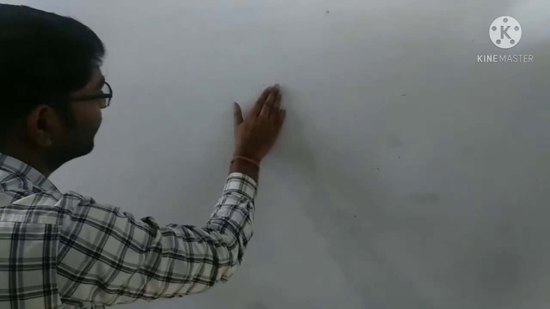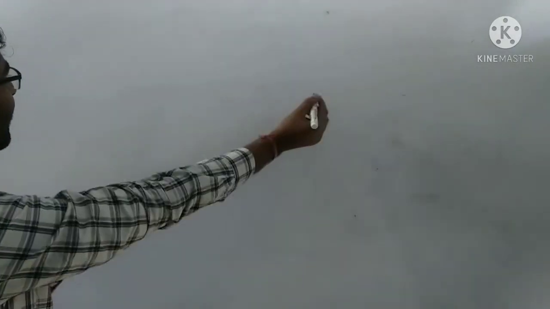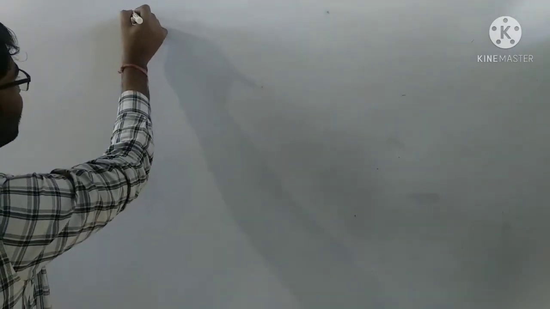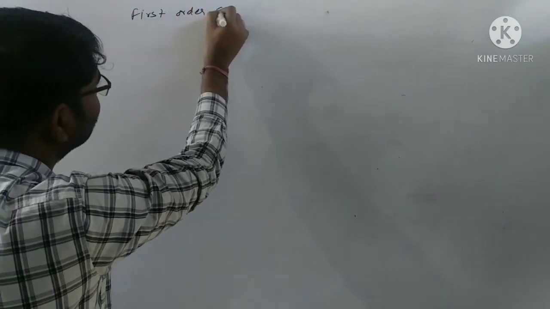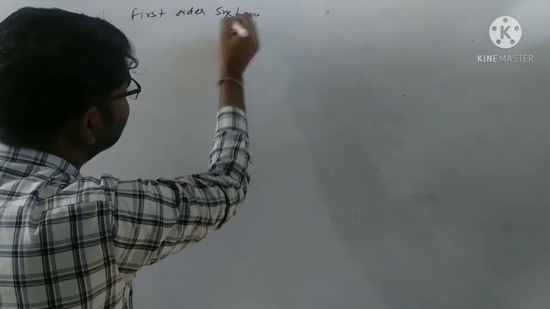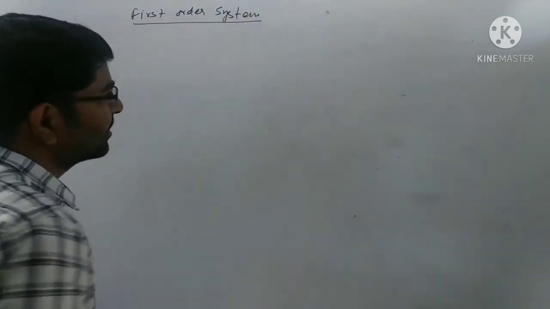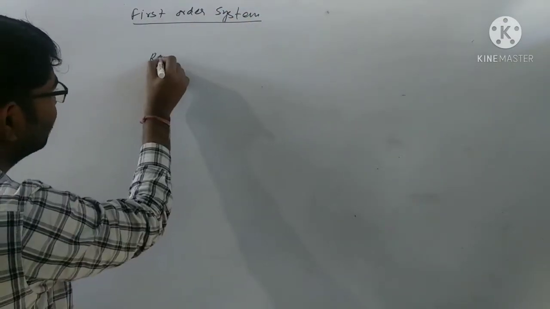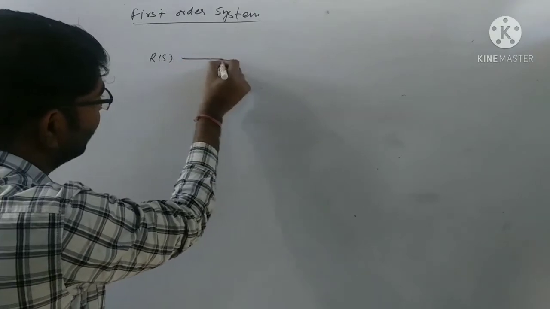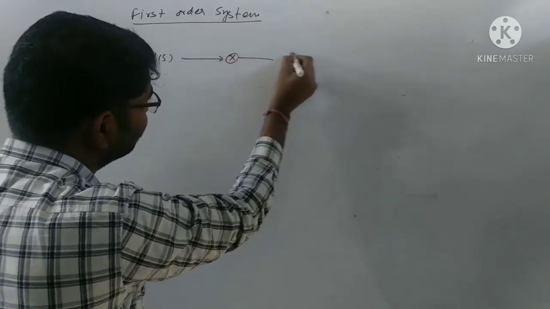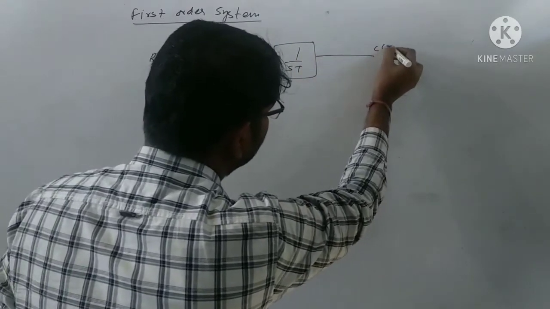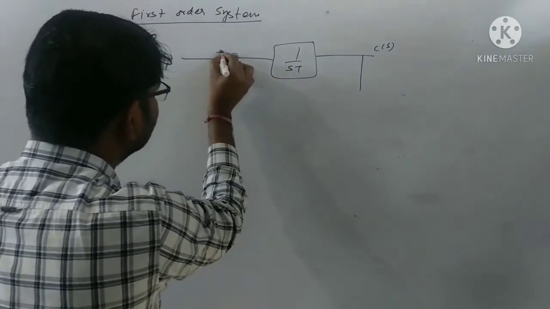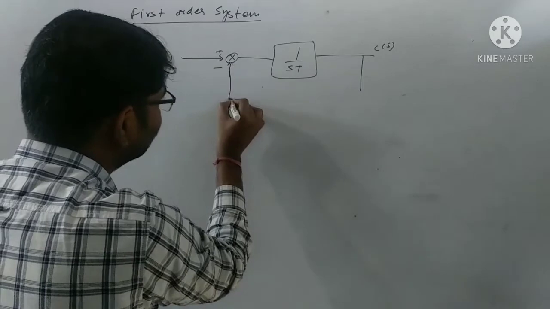Now the next topic I'm going to cover is the first order system. I'm just going to draw a block diagram for the first order system. This is 1 over ST, this is C(s), this is plus minus.